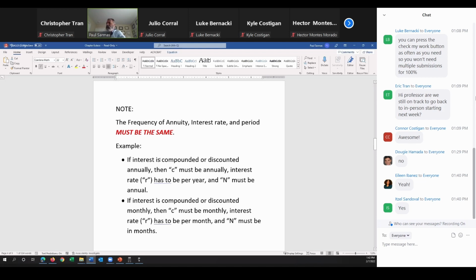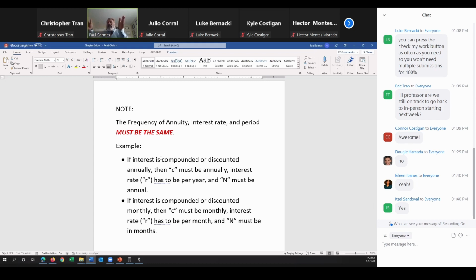If interest is compounded or discounted annually, that means R is per year, C must be annual, N must be annual. So if R is compounded once a year, your C annuity must be per year, and period has to be annual.